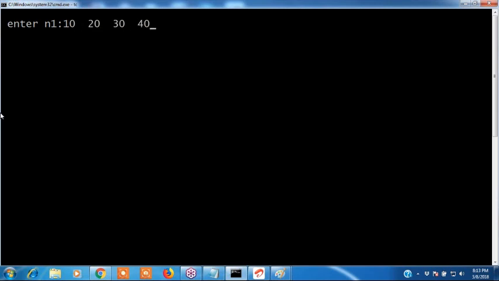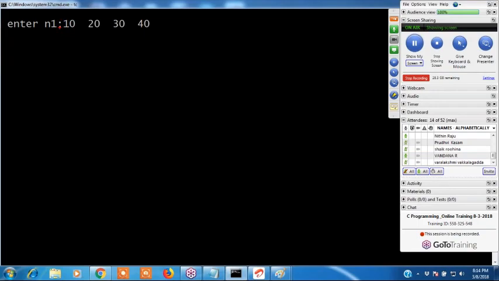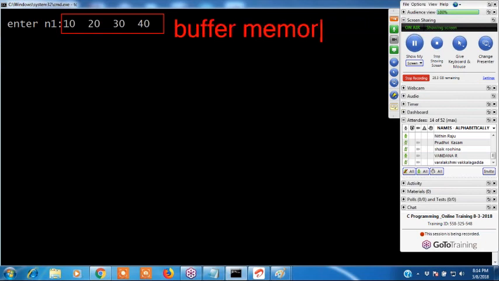Now what will happen? Okay, sometimes we give spaces. If I give spaces, these values are stored in the buffer memory. This is called buffer memory. From this buffer memory, how many scanf statements are there?